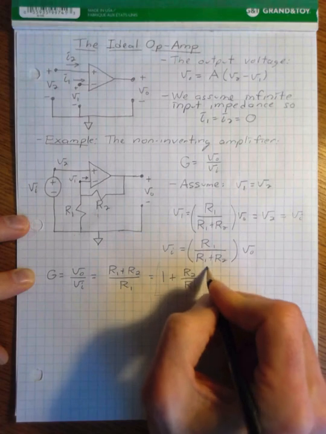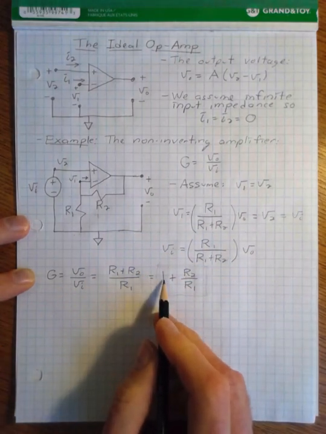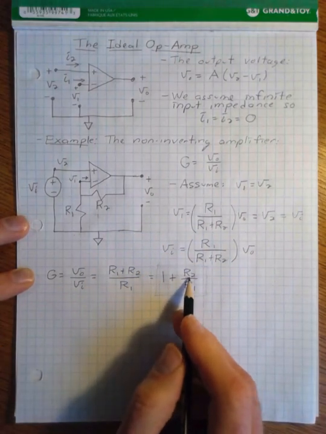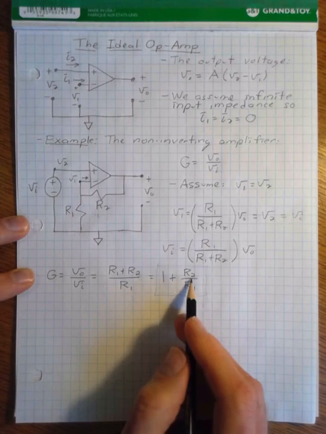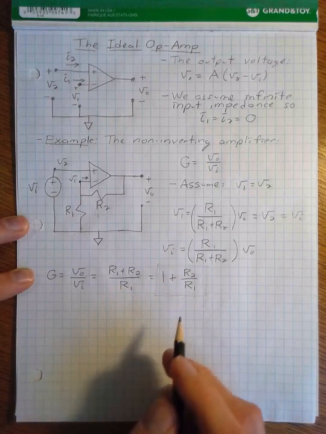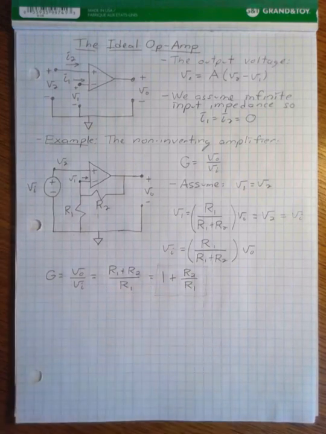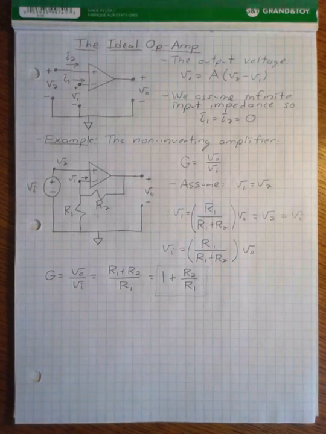And so that's our voltage gain, right? So our voltage gain is at least 1. And if we choose a resistance value for R2 that's much larger than R1, then our gain just goes up. And so we've created an amplifier, and away we go.